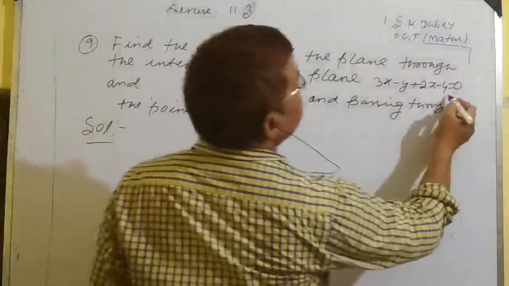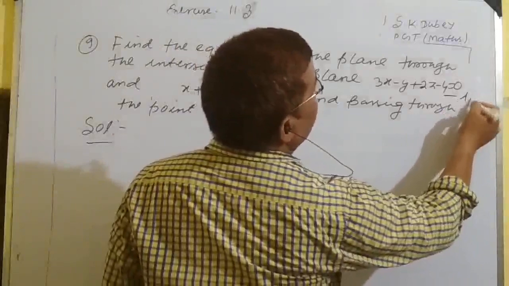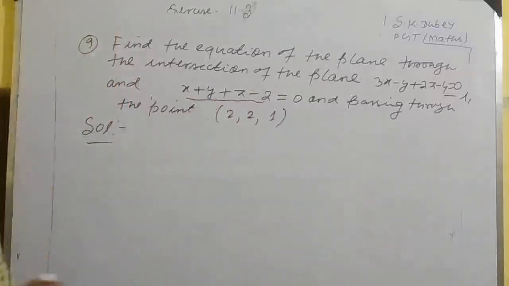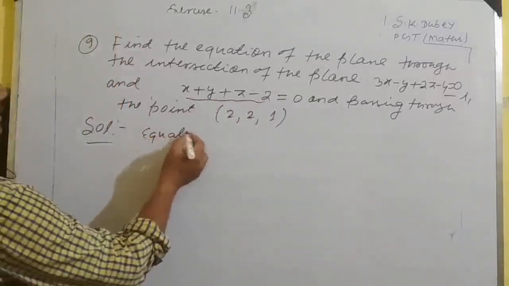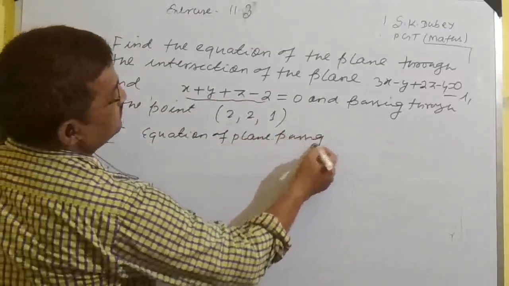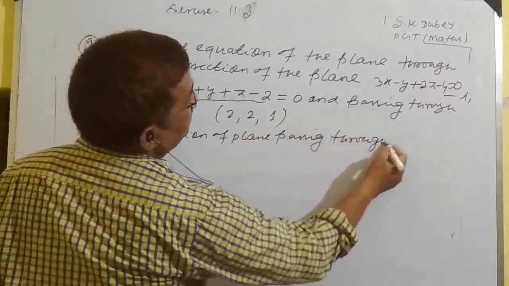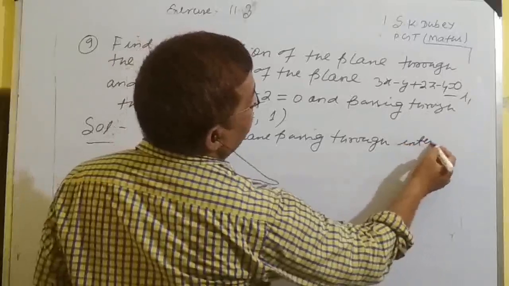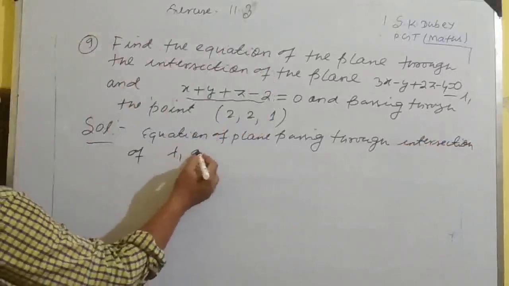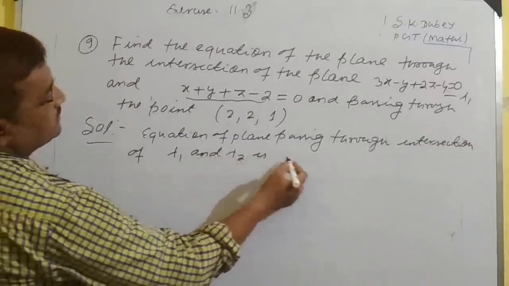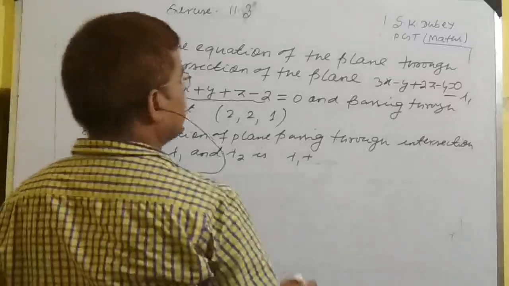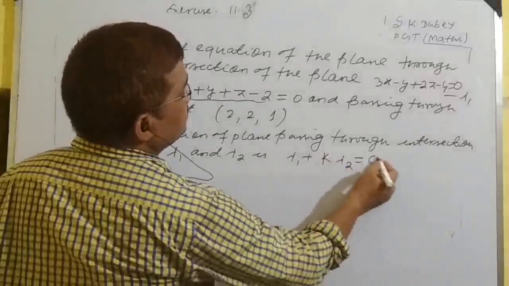If this plane is lambda 1 and this plane is lambda 2, then the equation of the plane passing through the intersection of lambda 1 and lambda 2 is lambda 1 plus k lambda 2 is equal to 0.